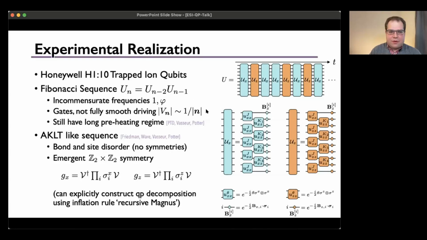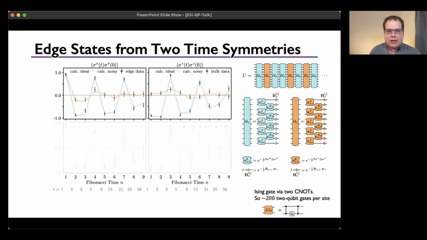Even though this has a different driving structure, this recursive structure actually allows us to write down the full decomposition using that recursive Magnus structure that we explored in this paper. Okay, so how does the data look if we actually run the sequence? Here I'm showing you the actual data from the device, plotted in logarithmic time or Fibonacci time.